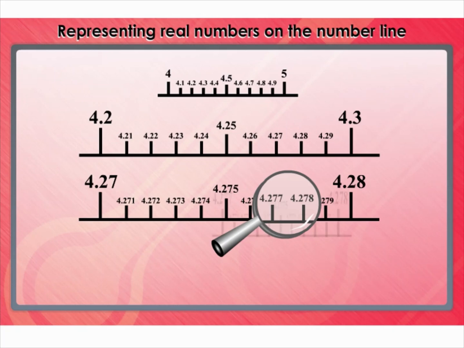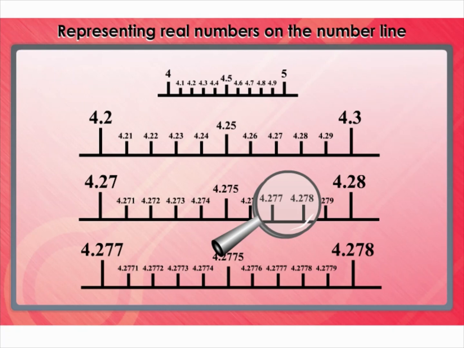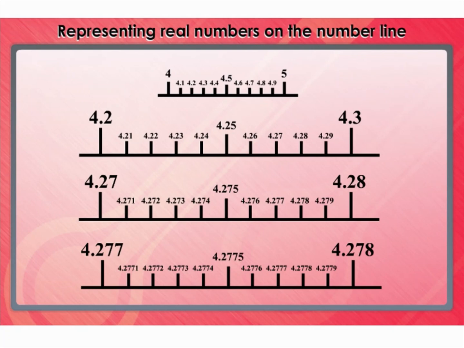Now to visualize 4.27 bar still more accurately, we divide the portion between 4.277 and 4.278 into 10 equal parts and visualize the representation of 4.27 bar as shown here. Notice that 4.27 bar is located closer to 4.2778 rather than to 4.2777.